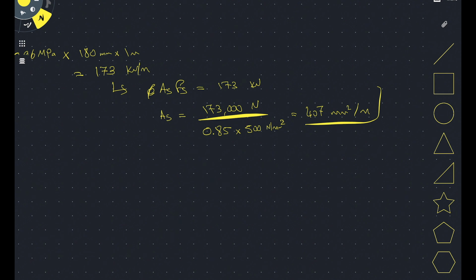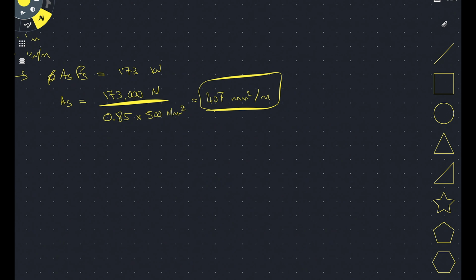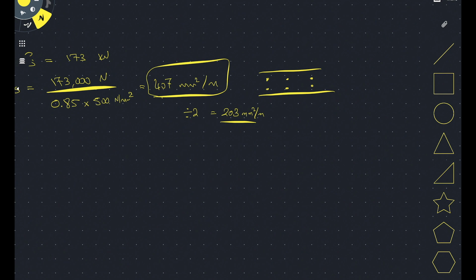So with this sort of reinforcement, we know that because it's undergoing tension and according to the concrete code, we will need to provide 2 layers of reinforcement. So we can go ahead and divide by 2 to know how much reinforcement we need to put in each layer, which gives me about 203 millimeters square per meter, which is actually quite small, and I can go with a minimum bar spacing.